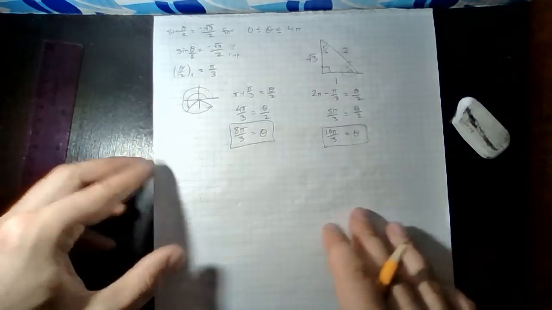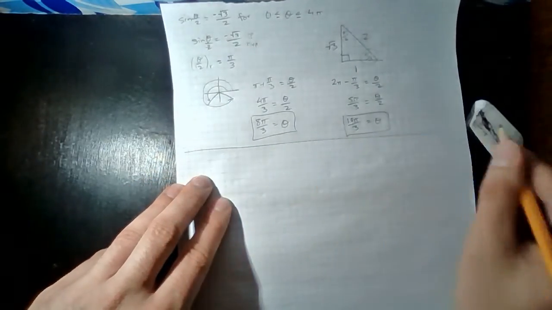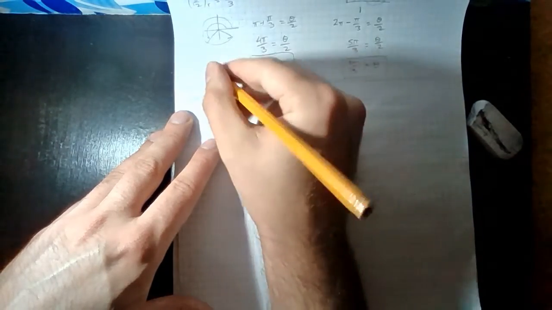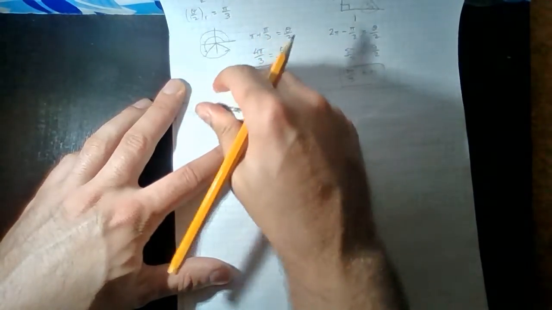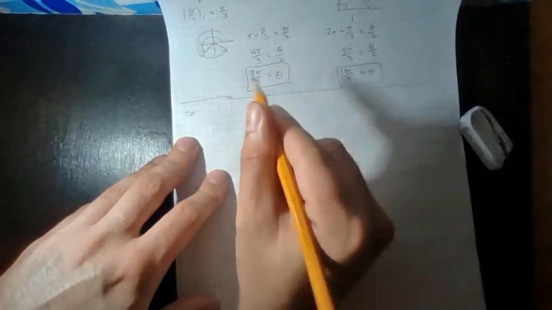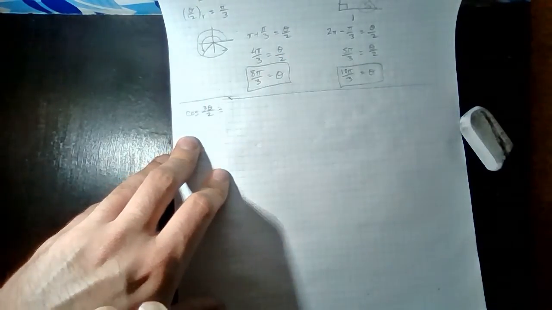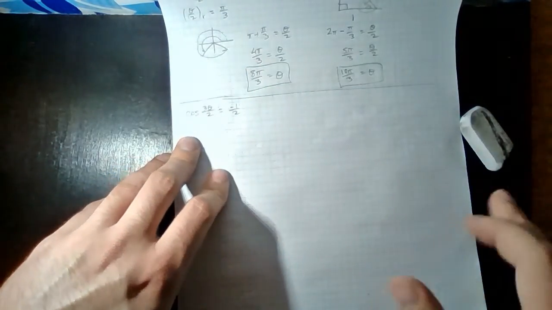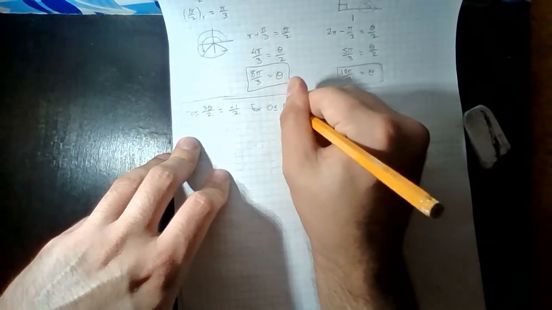Our next example, we have cos of 3 theta over 2 equals negative 1 over 2, and we're looking at from 0 to 2 pi.